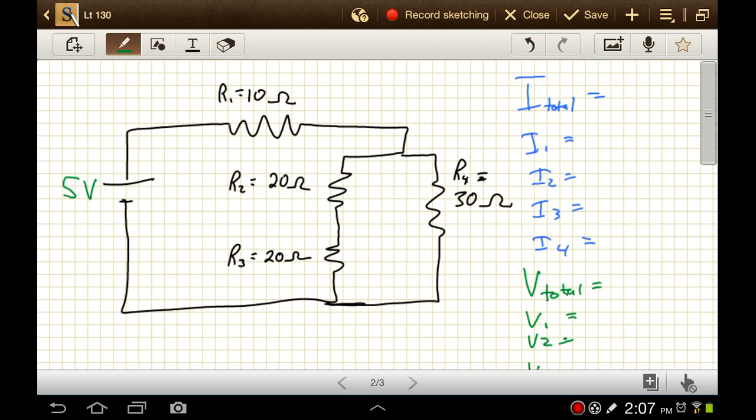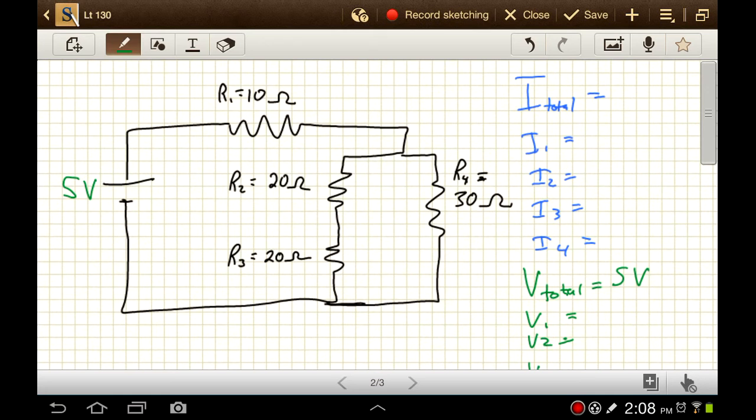So any path that I take to get around this circuit should have a total of 5 volts. So I know that the voltage drop across 1 plus the voltage drop across 4 has to be 5 volts. And the voltage drop across 1 plus across 2 plus across 3, that has to be 5 volts as well. So either path that I take, we have to have a total voltage of 5 volts.